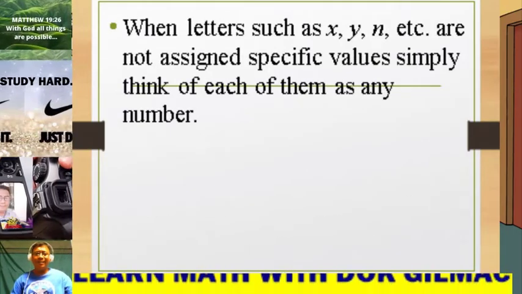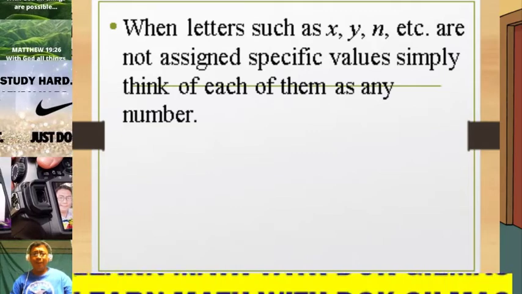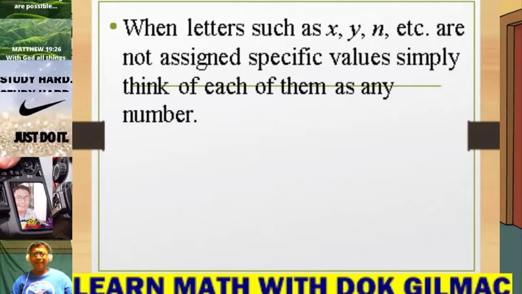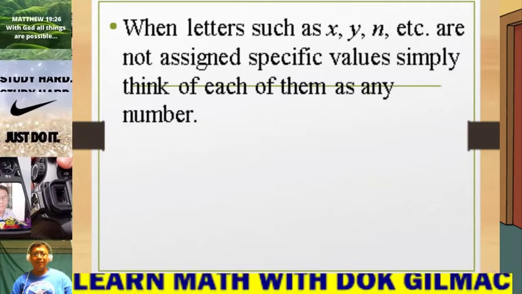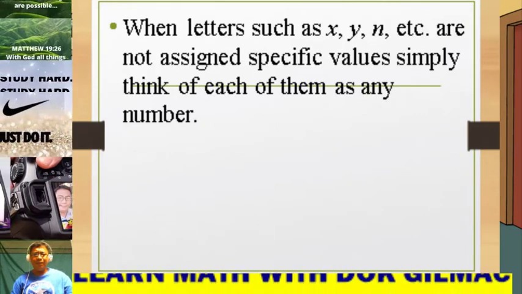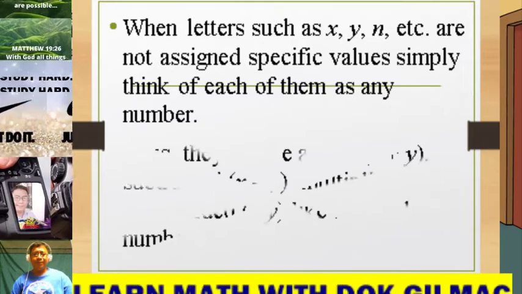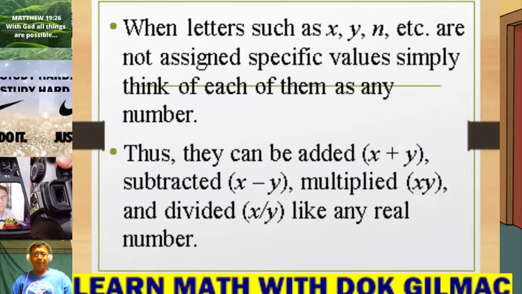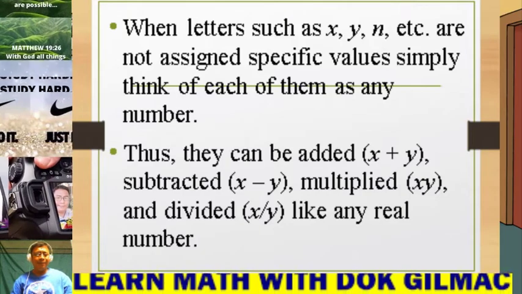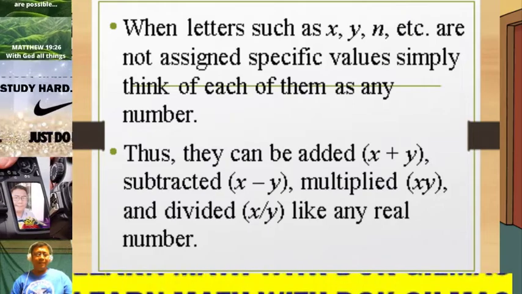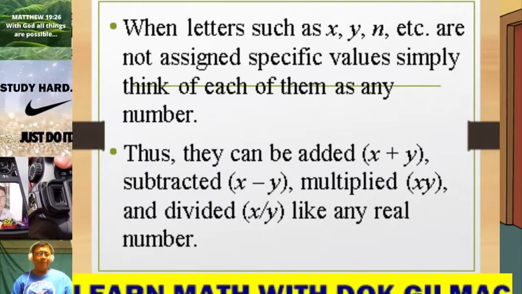When letters such as x, y, and so on are not assigned specific values, simply think of each of them as any number. Thus, they can be added, such that we have x plus y.